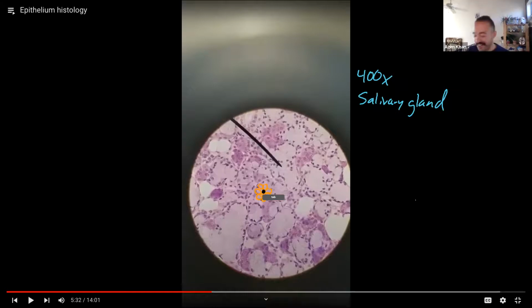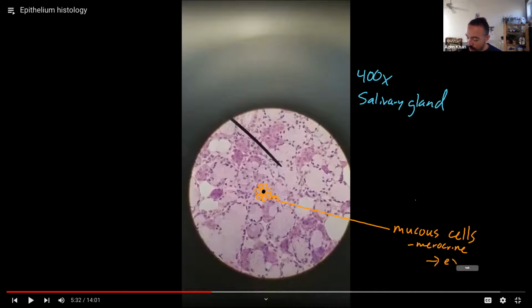Kind of looks like a flower. But those cells that I've colored in orange, they are light colored. Those are mucous cells. They are grouped together. Mucous cells release by merocrine secretion, and it's therefore a type of exocrine gland. They release a thick mucus.